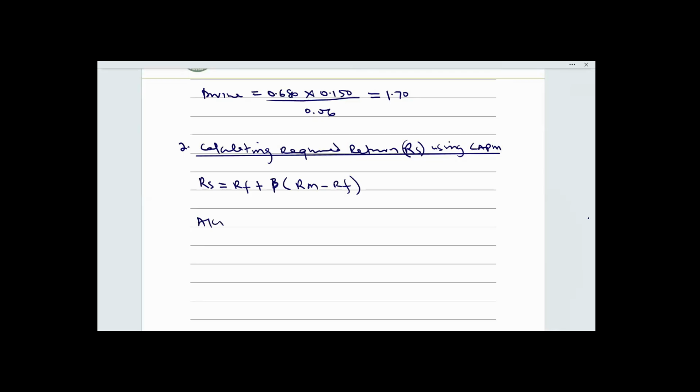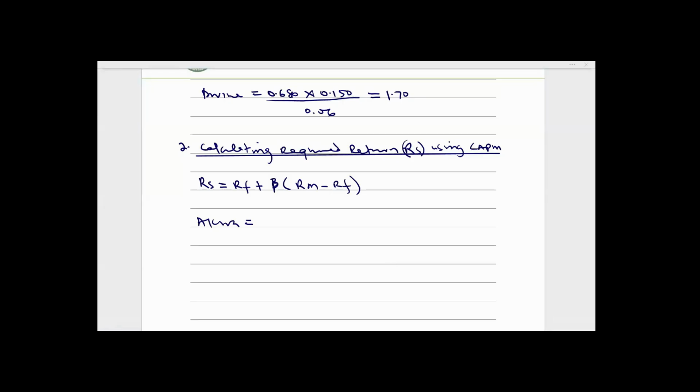So for Ahira, what's the risk-free rate of return given to us? According to the question, the rate of return on the federal government bond redeemable at par in the year 2018 is 5%. So the risk-free rate of return is 5%. You're also told that the average expected return on the market portfolio is 10%. So market return is 10%.